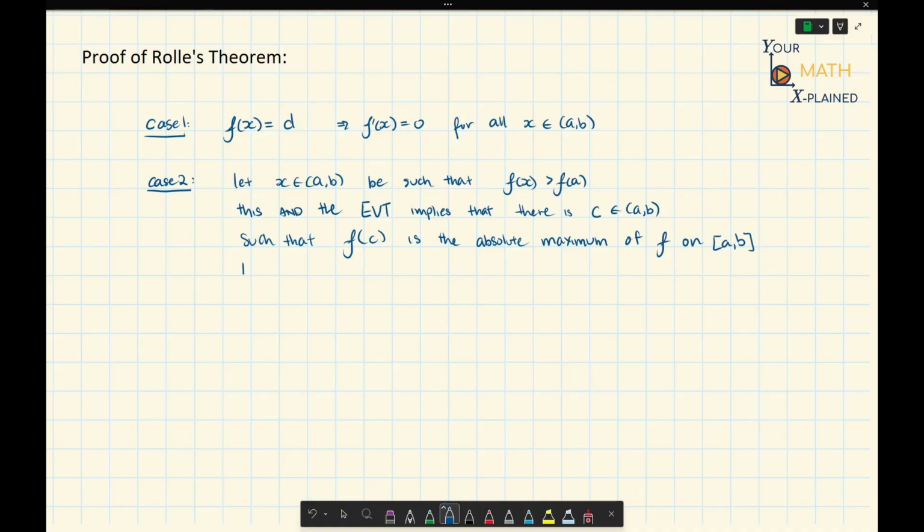Now, if f of c is the absolute maximum, then by Fermat's theorem, we have f prime of c is equal to 0.